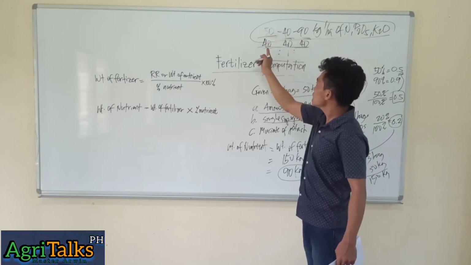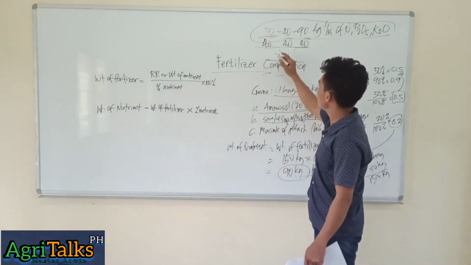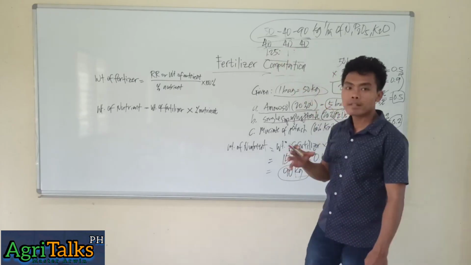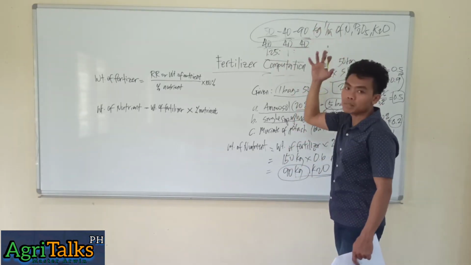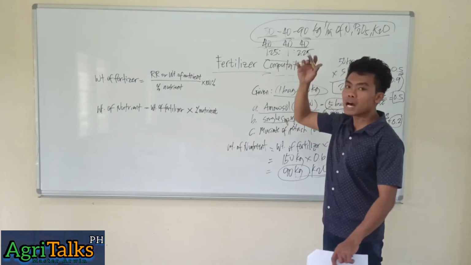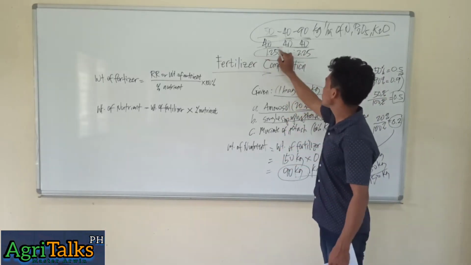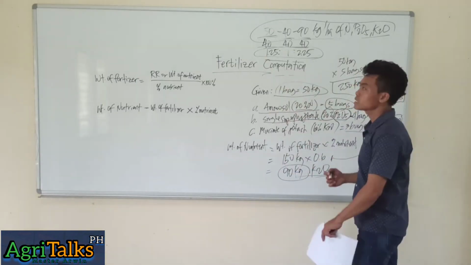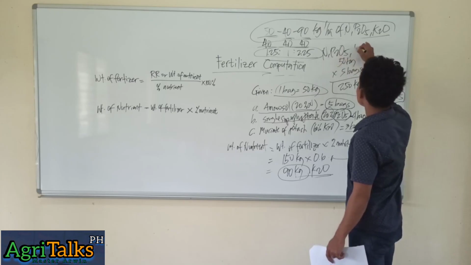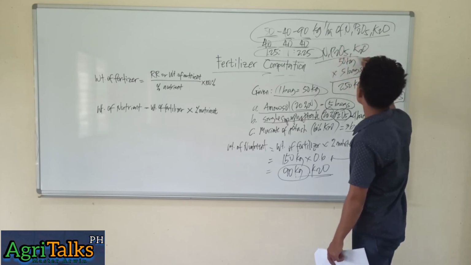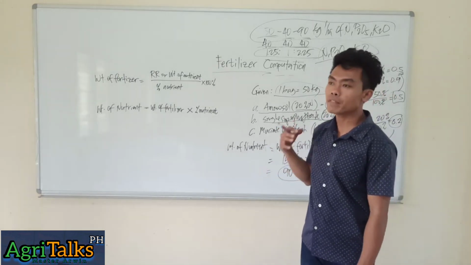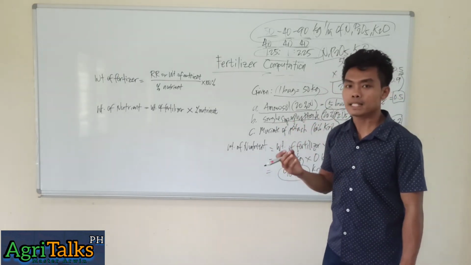And then 50 divided by 40, that would be 1.25. And then 90 divided by 40, that would be 2.25. So now this is the ratio of our nutrients, which is the N, P2O5 and K2O.